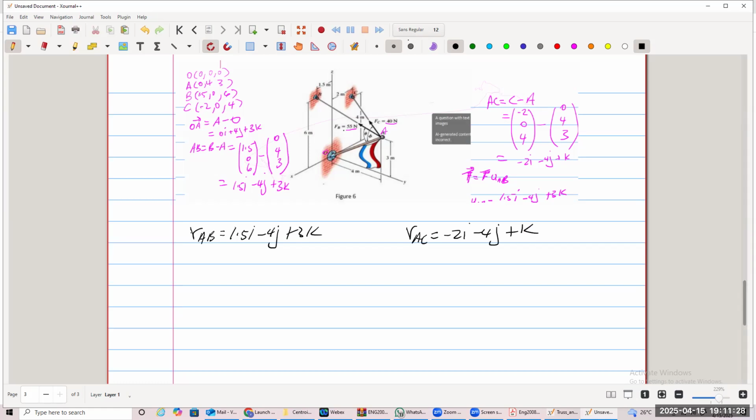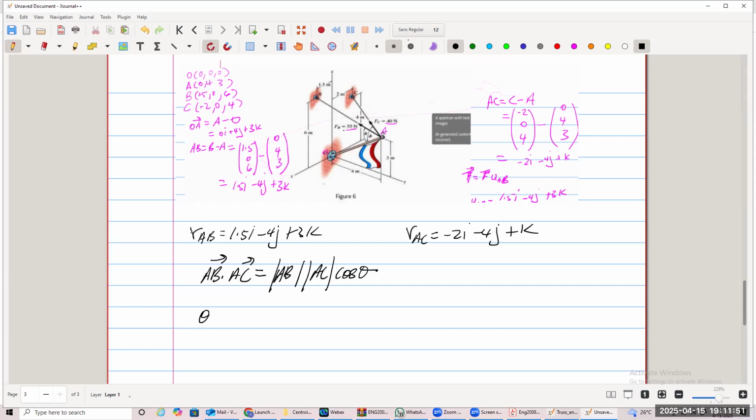Your dot product AB dot AC is going to be equal to the modulus of AB times the modulus of AC times cos theta between them, because that is what you want to find.